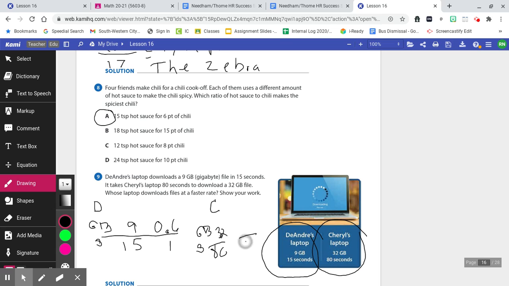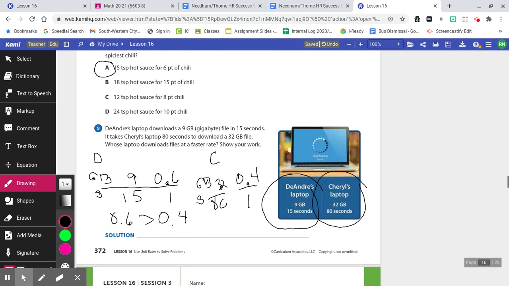I'm going to divide by 80 because I want 1 second. Let me erase. How many gigabytes for 1 second? I get 0.4. So 0.6 is greater than 0.4. So Deandre's laptop downloads at a faster rate. Deandre. And I wish mine downloaded that fast.